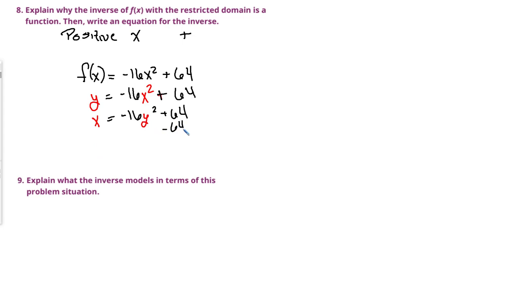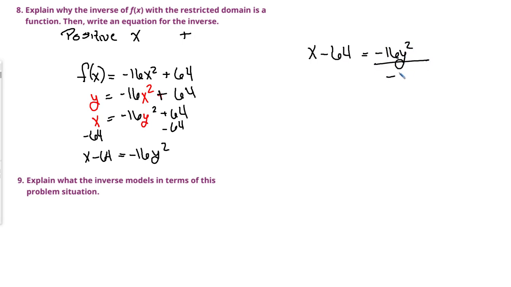So we're going to move the 64 over. And so x minus 64 is equal to negative 16y squared. Next step is going to be divided by negative 16. And so y squared is equal to x minus 64 divided by a negative 16.